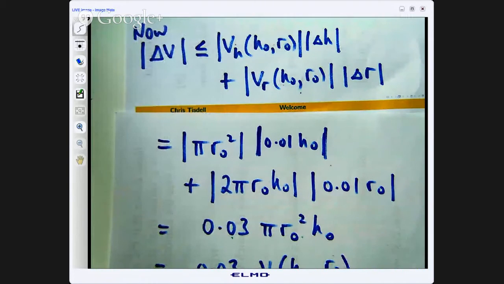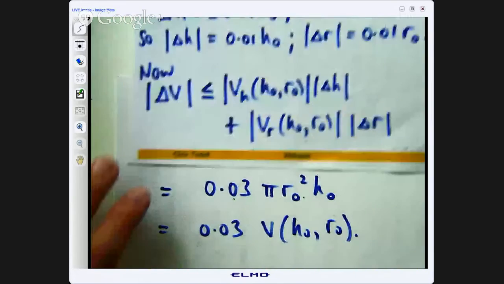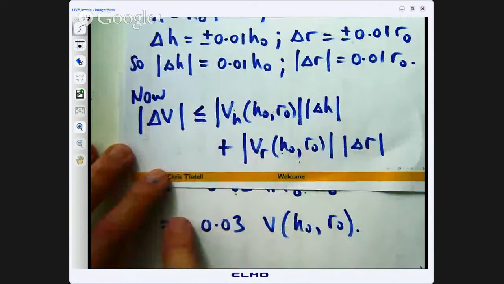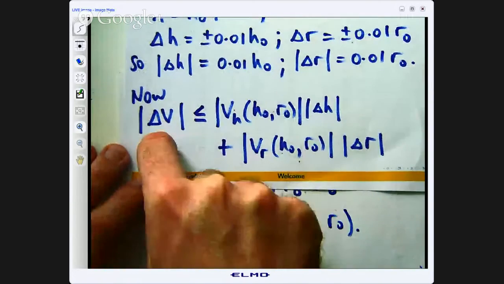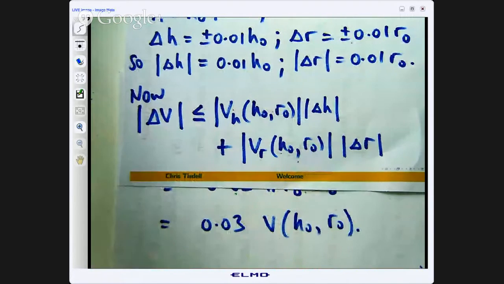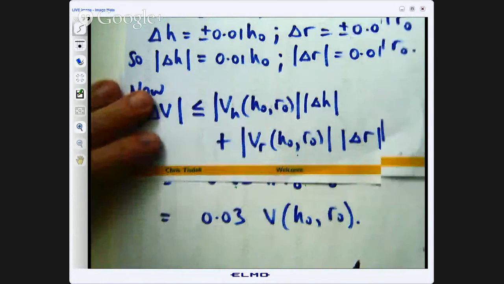So what I can do is I know this is less than or equal to this. I can take this over to the other side, put it down there, and then multiply the whole thing by 100 to get an estimate on the maximum percentage error. So let's do that.